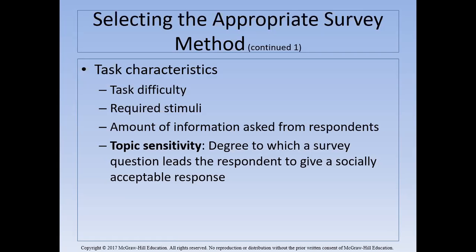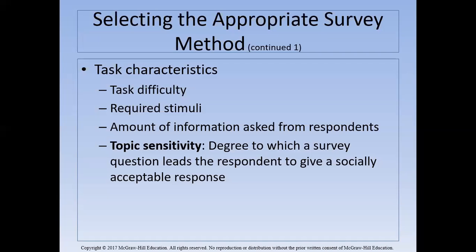Also the task characteristics: how difficult is the task? In winter, if they ask you to stand outside and do some surveys, you might have some difficulties because it's cold, so you need to take breaks and wear more clothes.